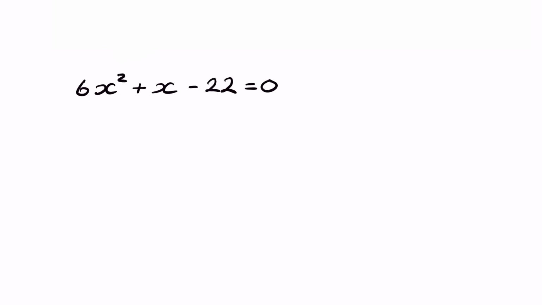So you start off with taking the coefficient of x squared, the 6, and you're going to multiply it by the number term here, which is negative 22. So we take that 6 and multiply it by negative 22, and that is 6 multiplied by 22, and that would give you negative 132, and that's your new number term.